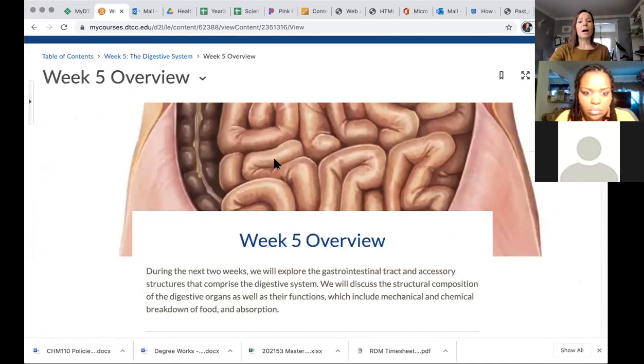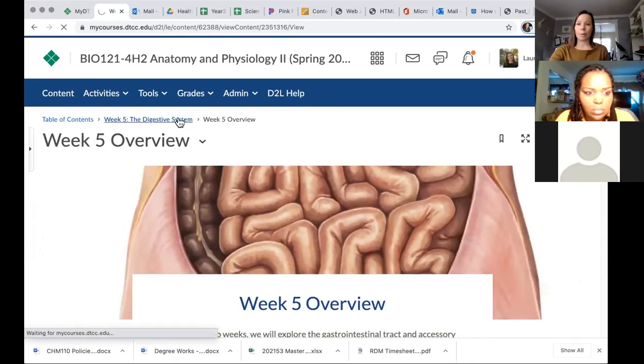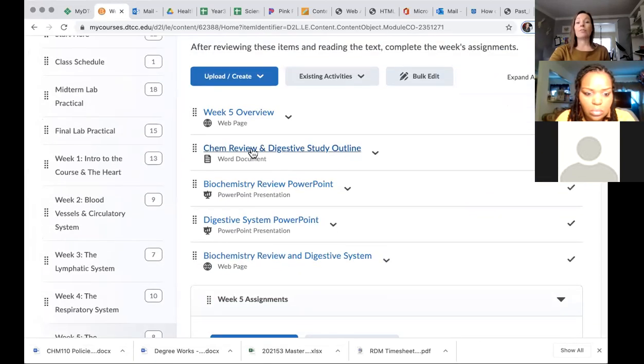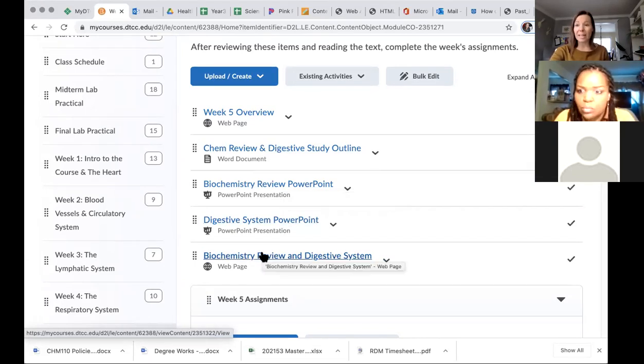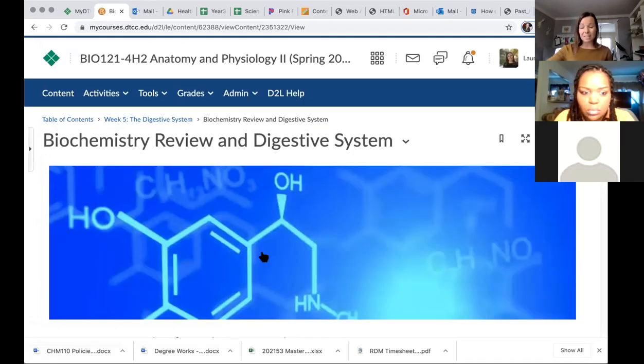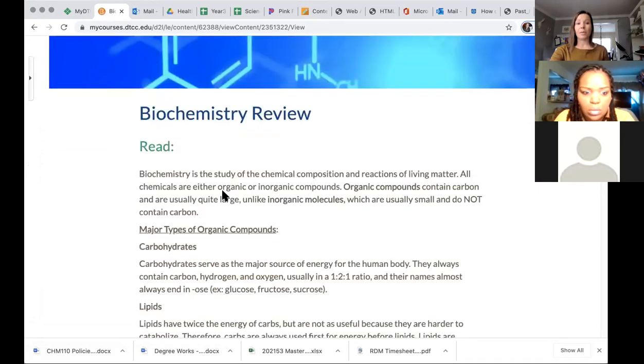Going back to the main page for the week, you also have the study outline, PowerPoints, and the last thing is a web page with a lot of information in it. This is one of the main places where you'll find the information to fill in any areas of the study outline that are not filled in.